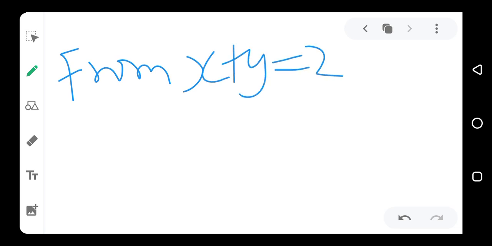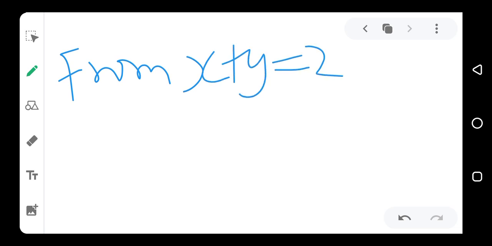For instance, let's say that we pick the first equation given above. Let's say that we are picking this equation.